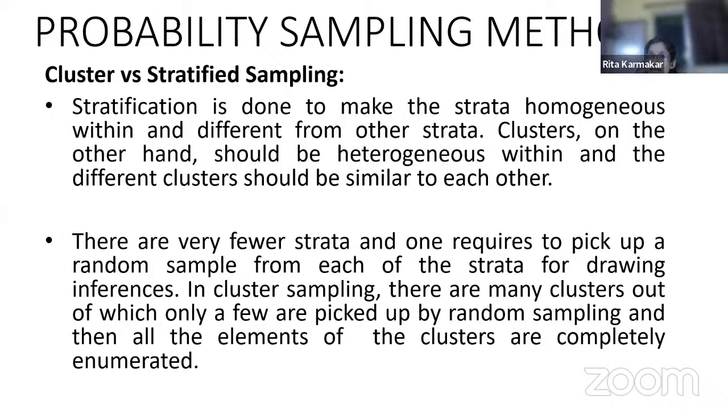Then cluster A is getting selected and cluster C is getting selected. So then we will simply remove B and D, which are not randomly selected for the final sampling. Selection done with A and C. Then for all the elements in A, we have to collect data.